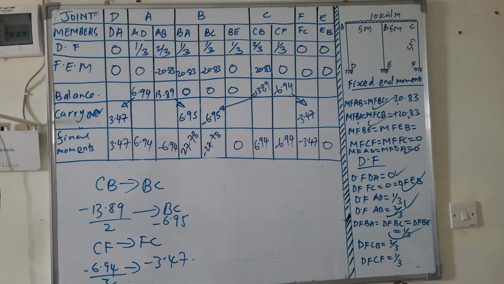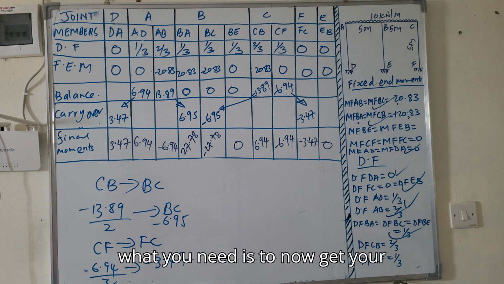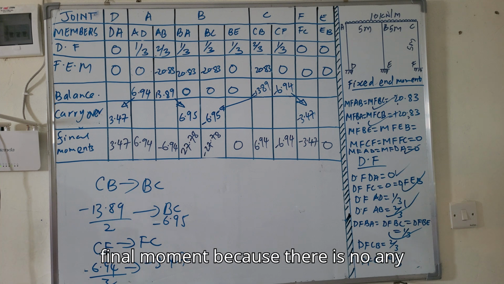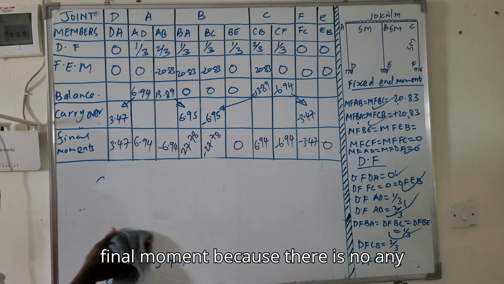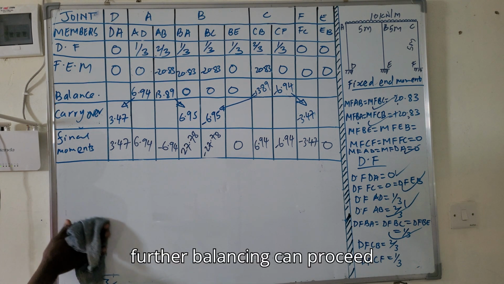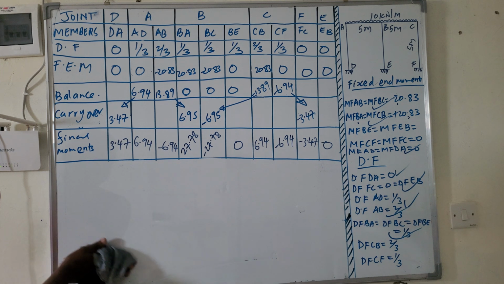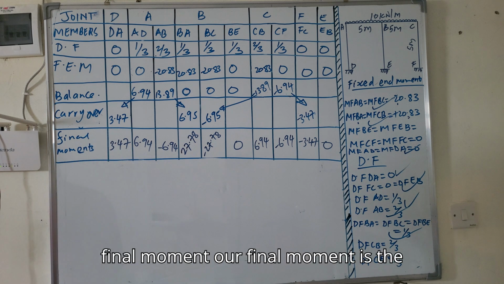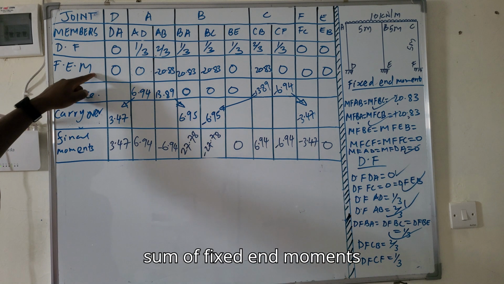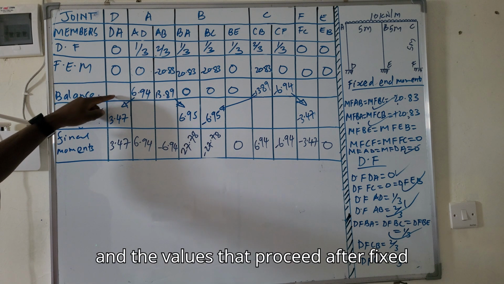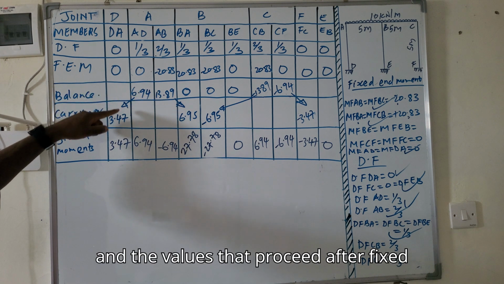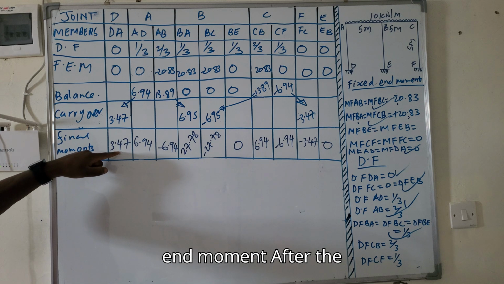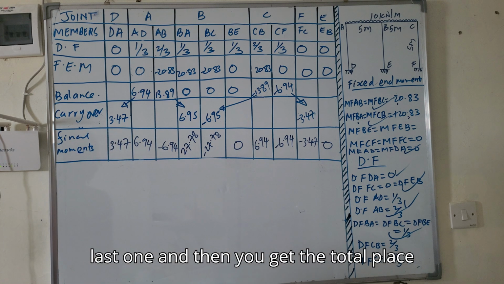After doing so, what you need is to now get your final moment, because there is no further balancing that can proceed from there. Our final moment is the sum of fixed end moment and the values that proceed after the fixed end moment up to the last one, and then you get the total.